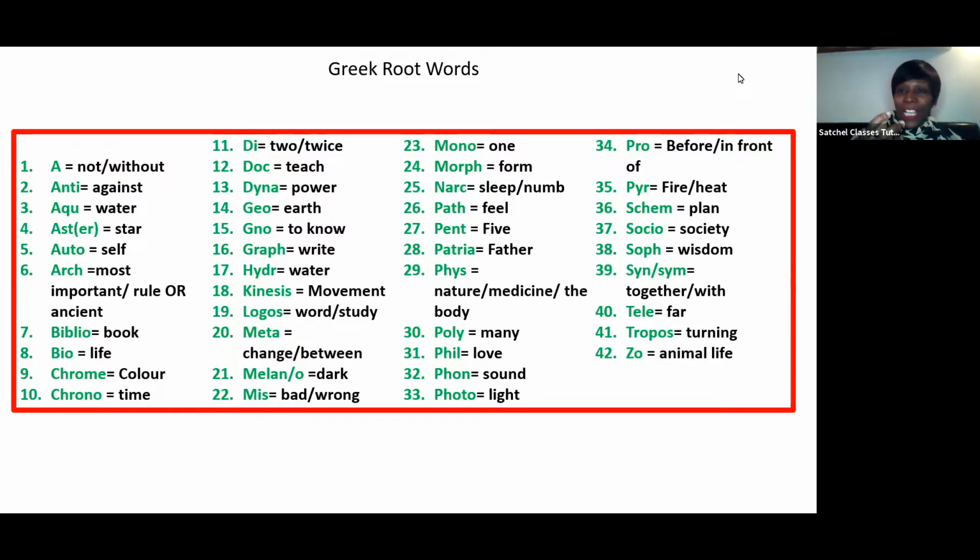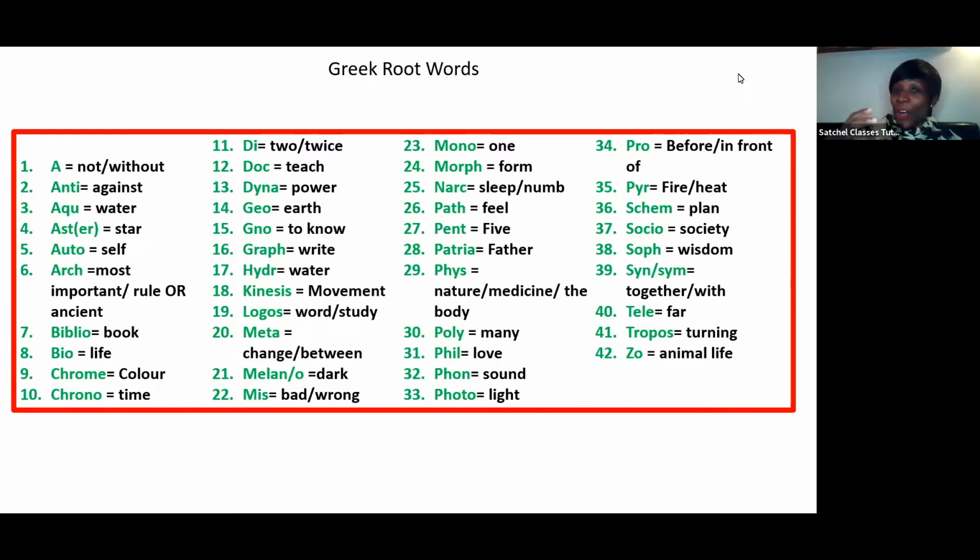Chrome means color, and chrono means time, and then di means two or double or twice. Doc is about teaching, so document and documentary come from the root word to teach, to understand, to learn. Dyna is about power and force.